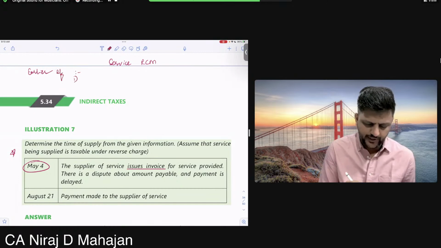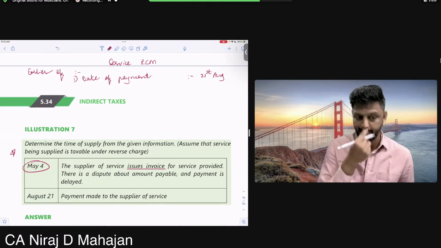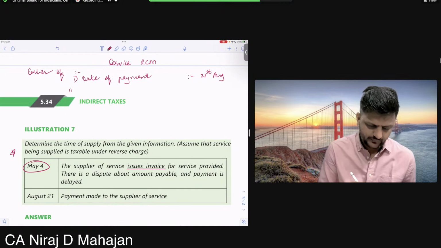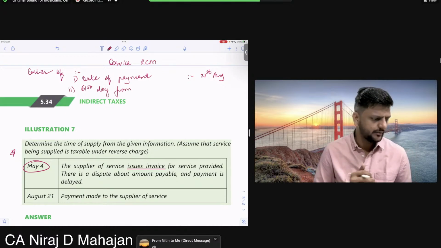First, bachcho, let us say I'm writing date of payment. Is it given to you? Yes, 21st August. Is it okay, everybody? Second, 61st day. I'm writing directly the number.